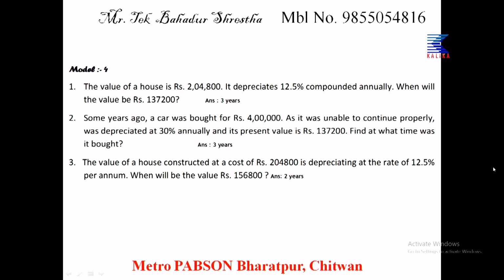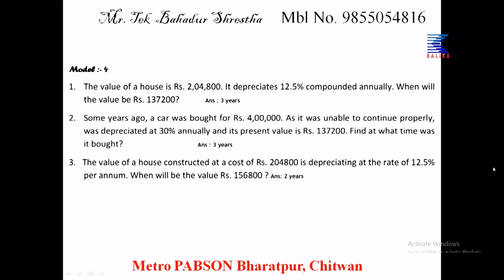If it depreciated 12.5% compounded annually, after how many years will the value be rupees 1,37,200? It means 1,37,200 is the value of Pt, the initial value of the house is 2,04,800, that is the value of P, and the rate of depreciation is 12.5%. Then we have to find the time.